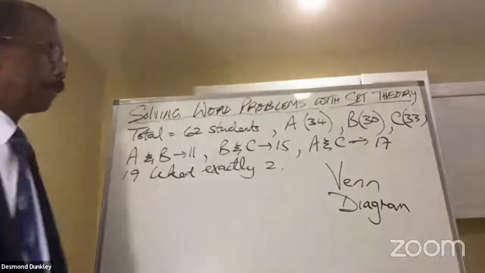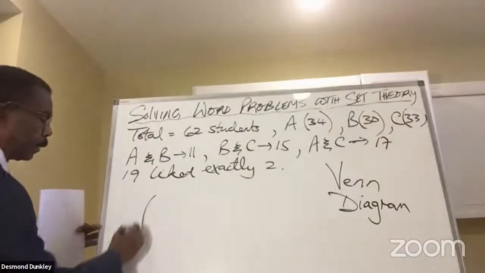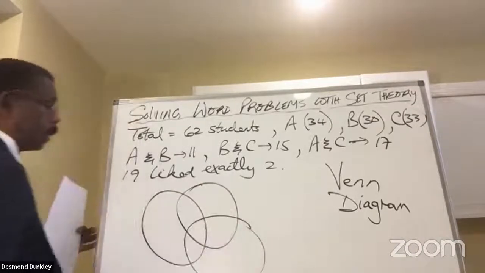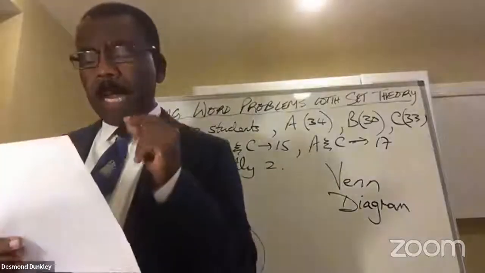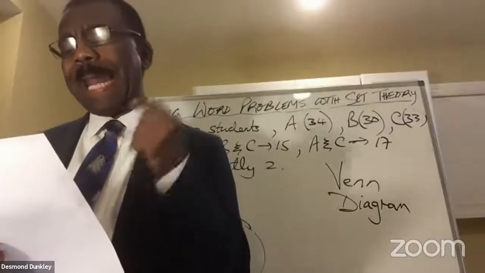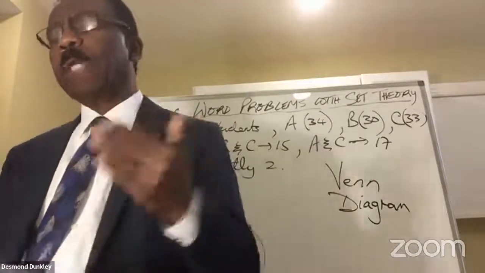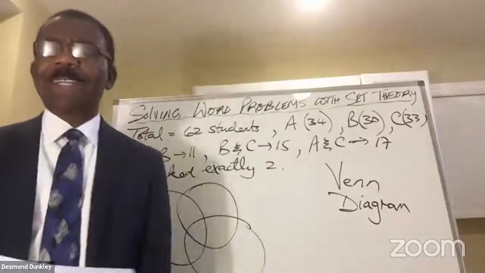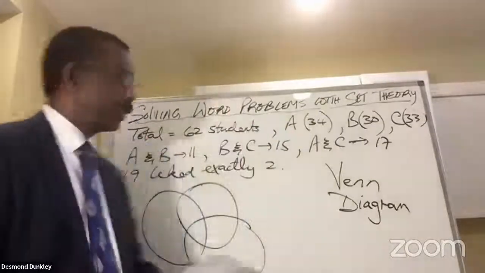That's a Venn diagram, okay? So we're doing 3 circles. And since it says that every student liked at least 1, there is no student that is outside of all 3 circles. They must be found somewhere within one of the circles.